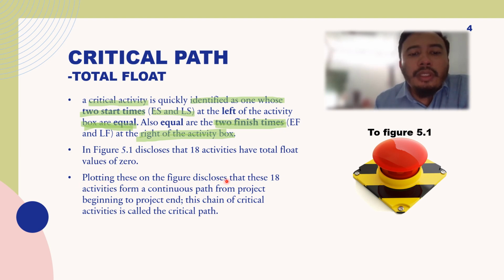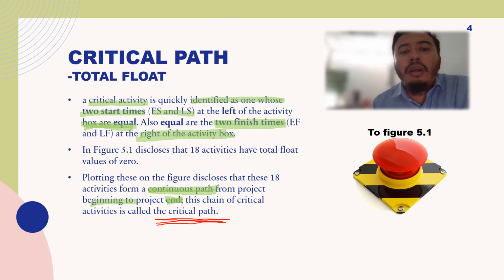Plotting this on the figure discloses that these 18 activities form a continuous path of activity from the project beginning until the end. This chain of critical activities is called the critical path. This is what gives the name to our tool, the critical path method. So you want to find the critical path, which consists of a chain of activities that have zero float.